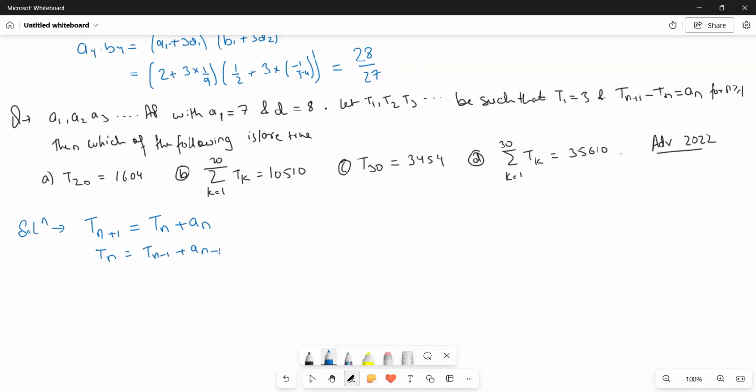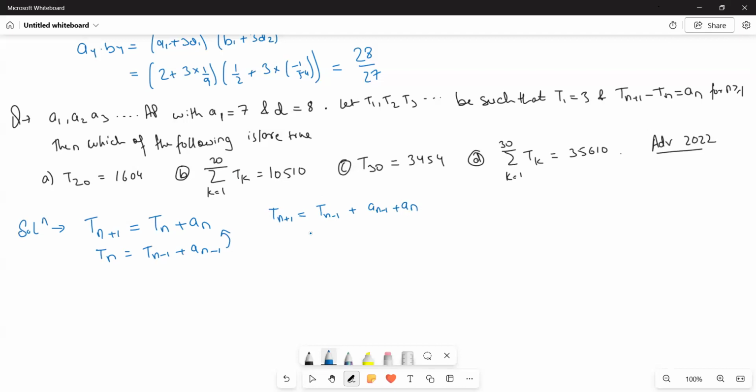Tn in turn would be like T of n minus 1 plus A of n minus 1. So if we back substitute this in the previous one, this would be like writing T of n plus 1 is T of n minus 1 plus A of n minus 1 plus An.